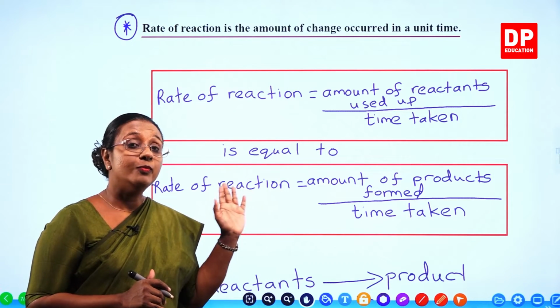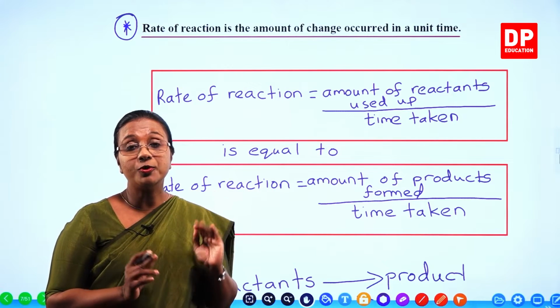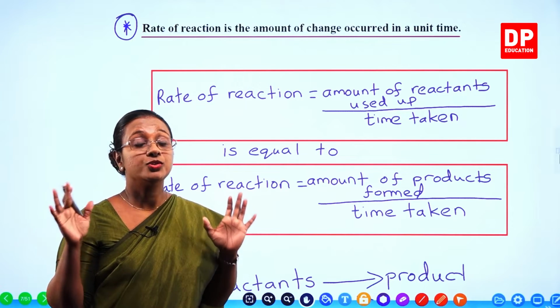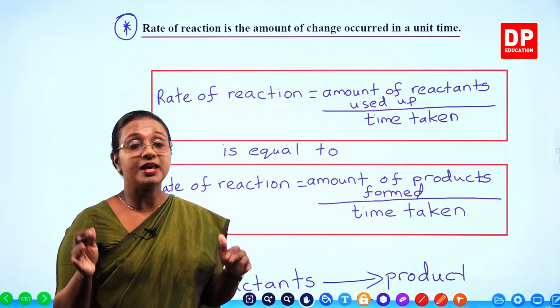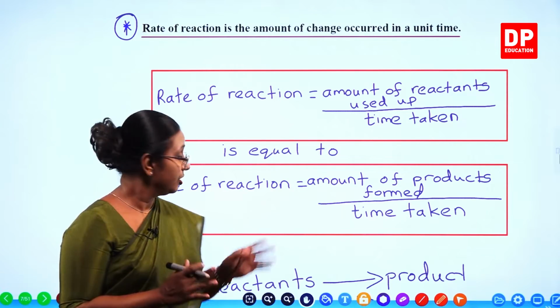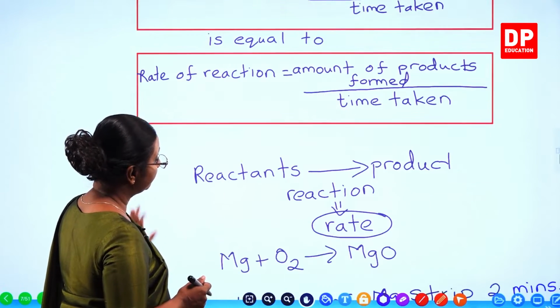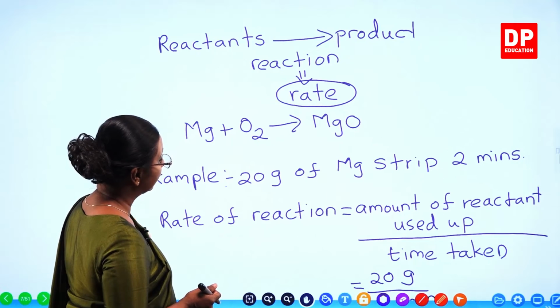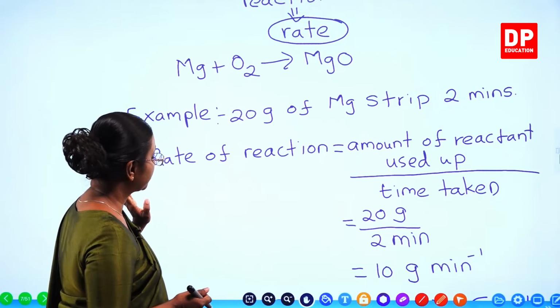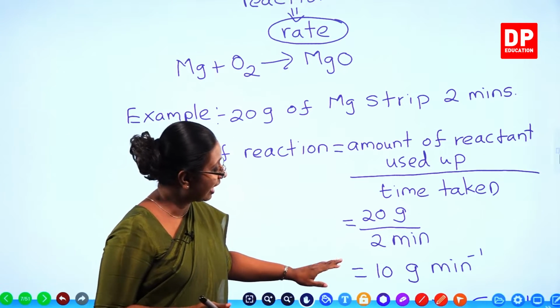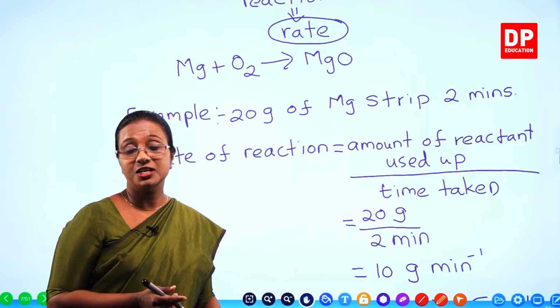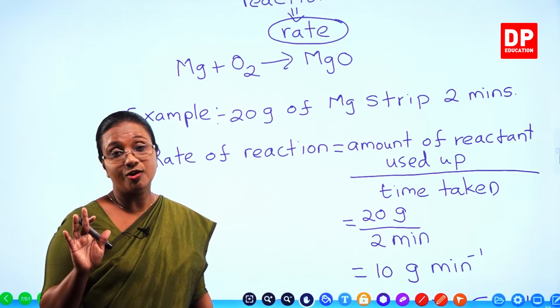Why? When the reactants are used up only, the products are formed. So they occur at the same rate, that is the rate of reaction. So based on that only, we saw that we can calculate the rate of reaction. So depending on what we calculate, we can have different units. That's what I wanted you all to know.